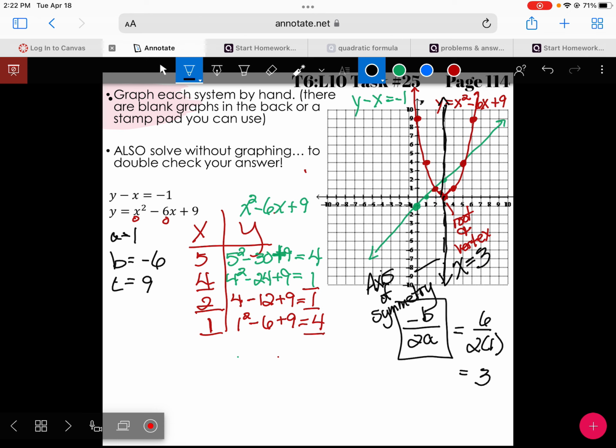So that means my vertex, if I had to find it, would be opposite of B divided by 2A. That's the x coordinate of my vertex. And once I have that, I can substitute that in to find my y. So this is your vertex. There you go. Saved by the bell.